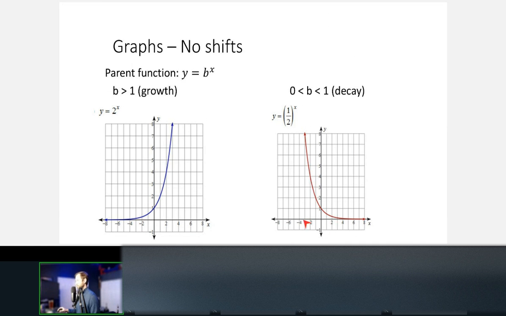As we go forward in time, so the x-axis, it usually acts as time in pretty much all scenarios. As time increases, the amount decreases and decreases and decreases, and it approaches 0. So decay. Whereas growth, as time increases, we get larger and larger and larger. Don't confuse the B value with the A value.